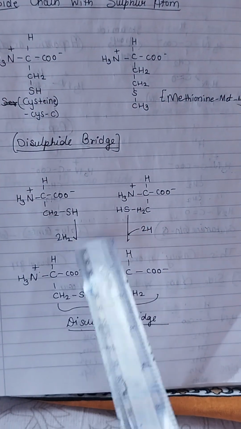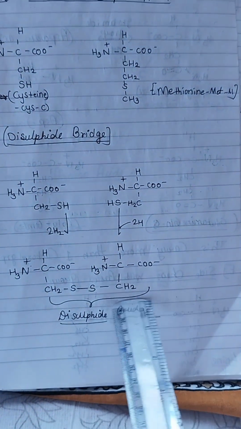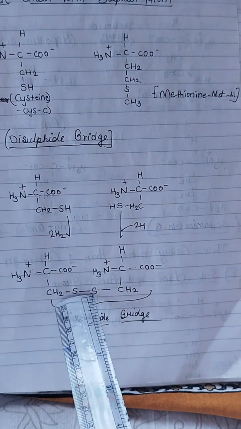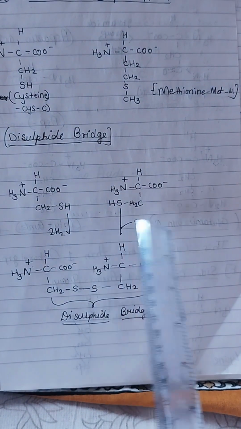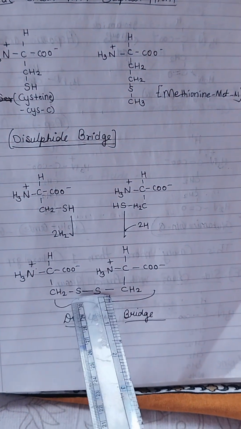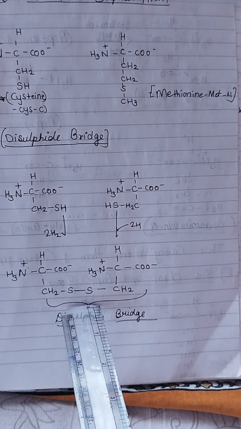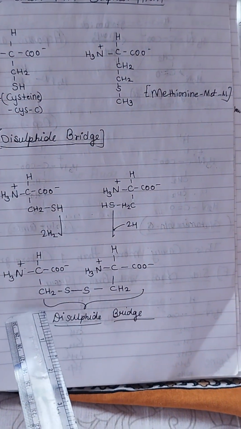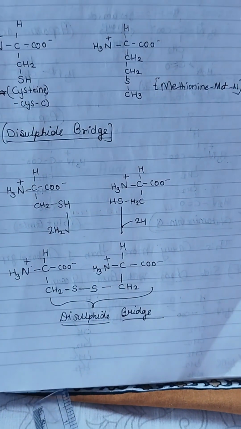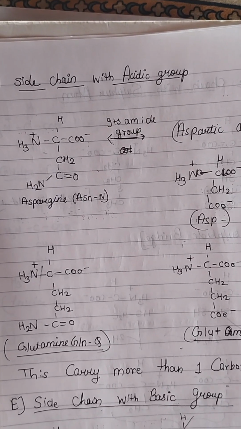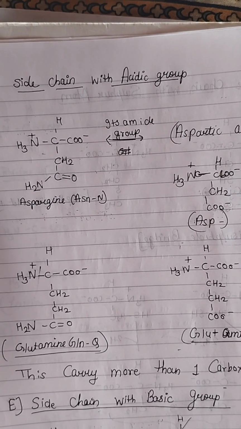In this way it forms a disulfide bridge: the two sulfur atoms are attached over here, and so it forms a disulfide bridge.